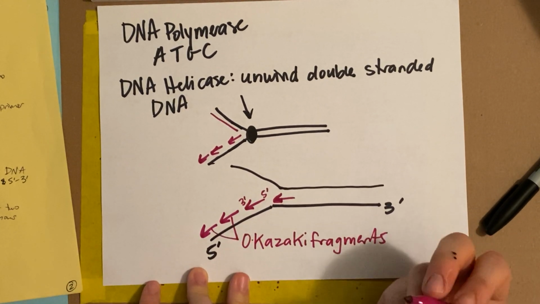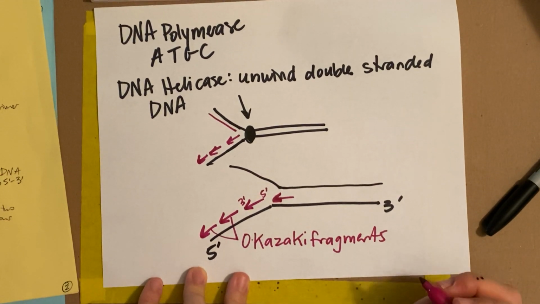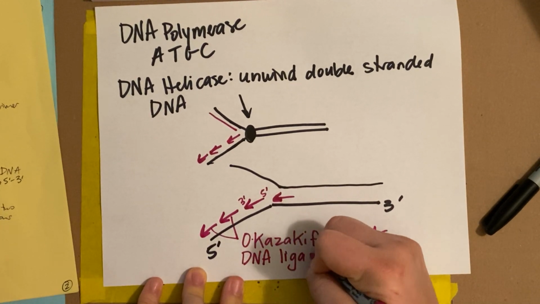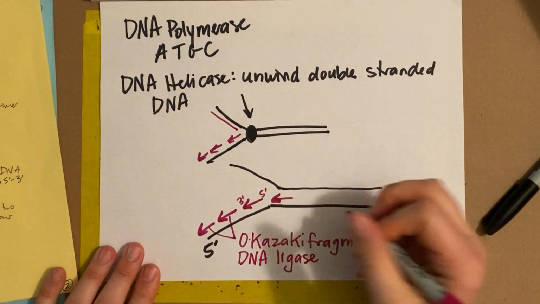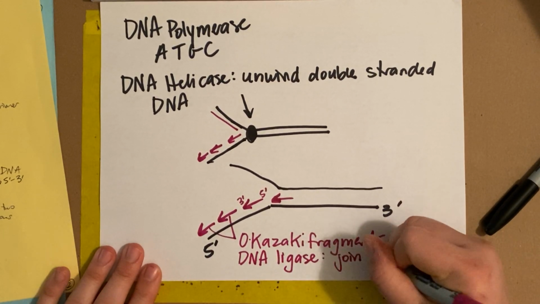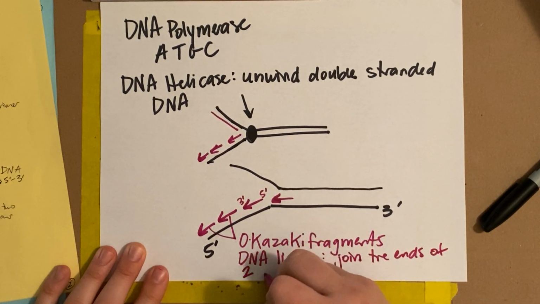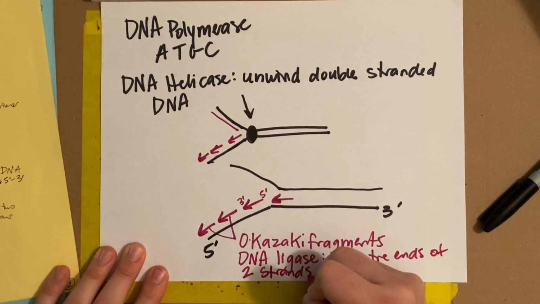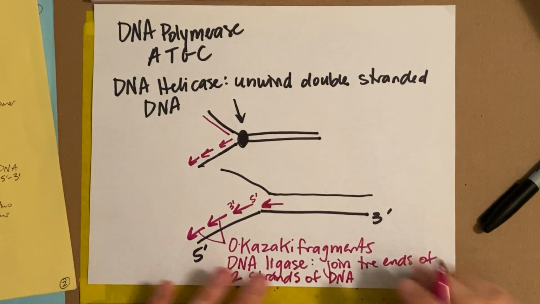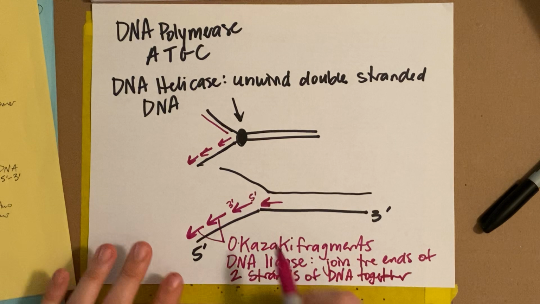And so the enzyme that fills in those gaps is going to be called DNA ligase. Okay, so it's going to join the ends of two strands of DNA together to make a continuous strand.